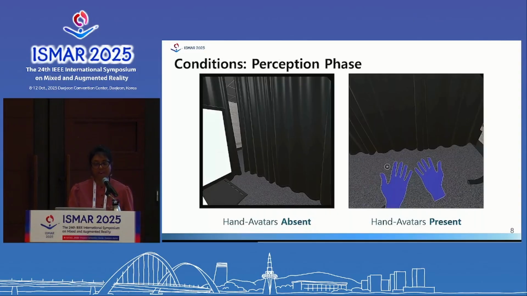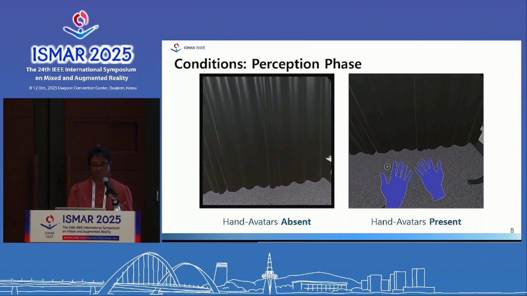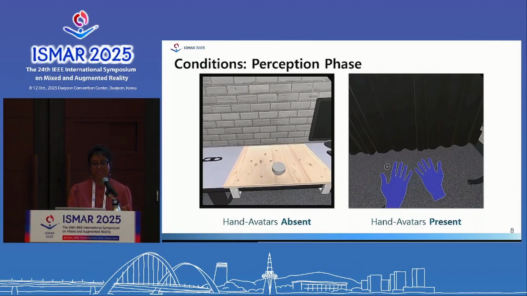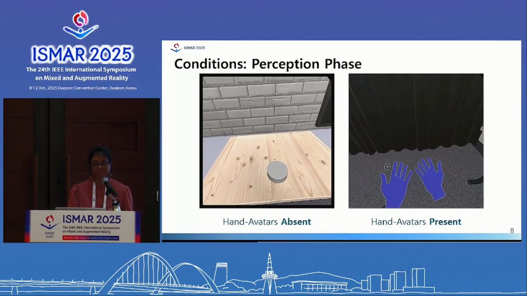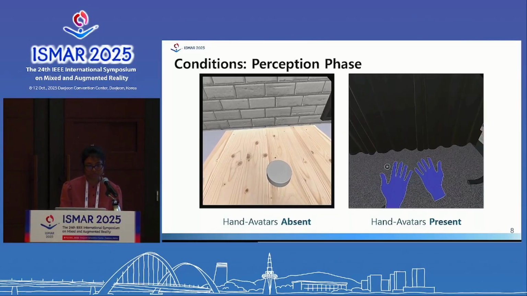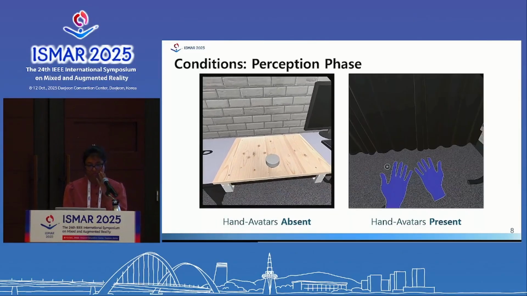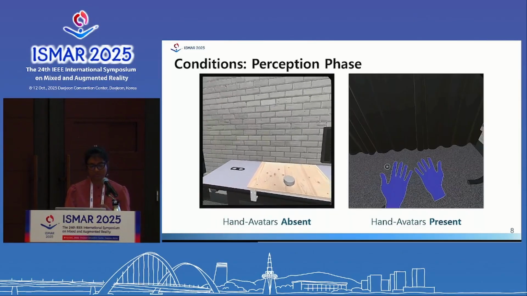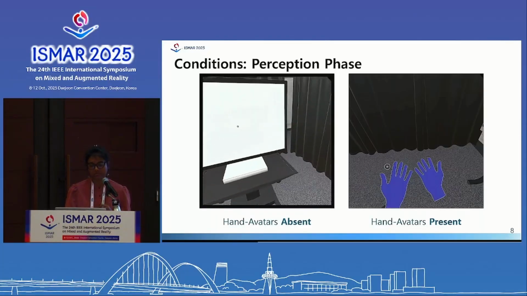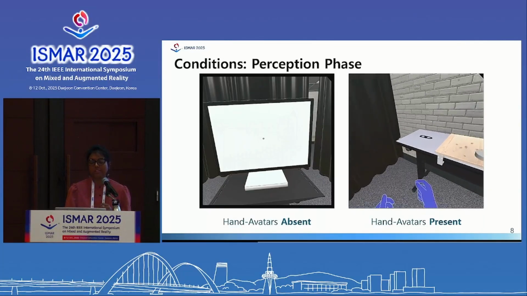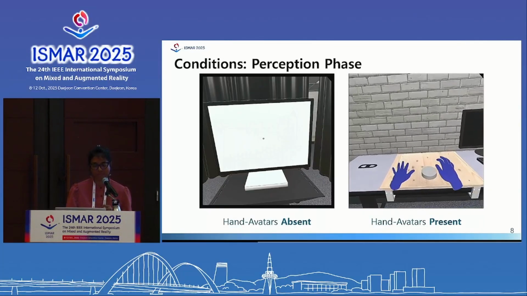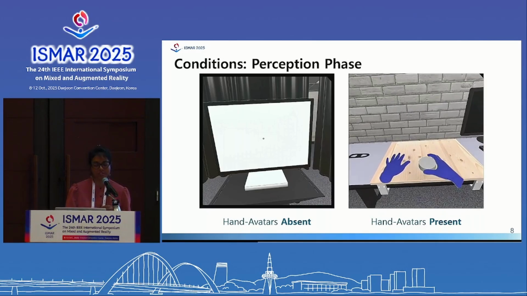The virtual environment was aligned as close to the physical environment as possible. The left video shows the perception phase when the hand avatars are not visible. Similarly, the right video shows the perception phase when the hand avatars are visible.